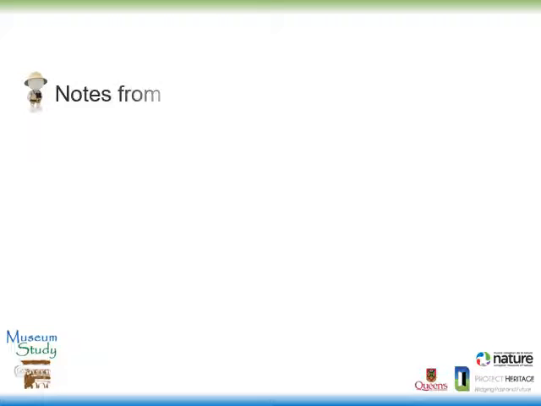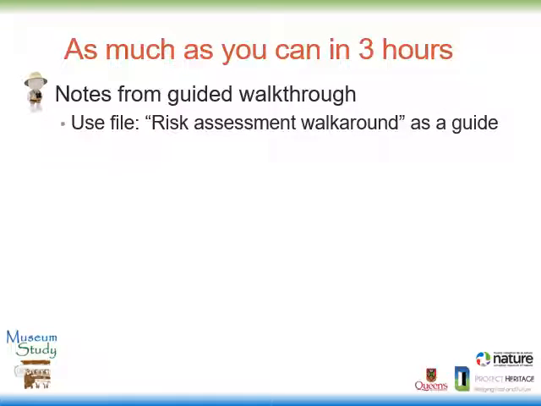Now the second, as much as you can in 3 hours, I'd like you to add notes from a guided walkthrough. And the guide for this is in the file Risk Assessment Walkaround. It's not quite like a checklist, but it is somewhat.